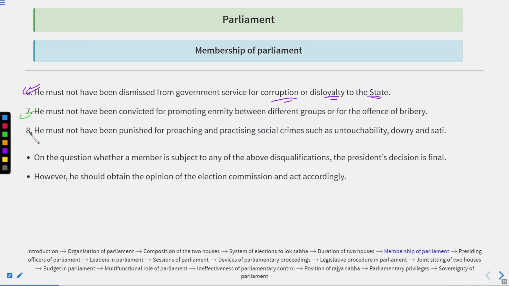Thereafter, he must not have been convicted for promoting enmity between different groups or for the offense of bribery. In India, the main thing we are required to preserve is unity and integrity.